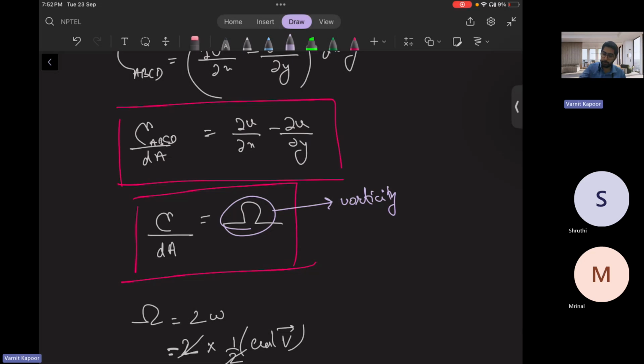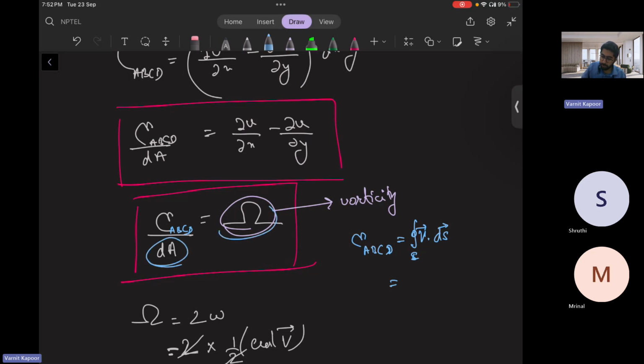So as we know, without unit area, circulation ABCD is nothing but the integral of V dot dL, or dS also you can say.